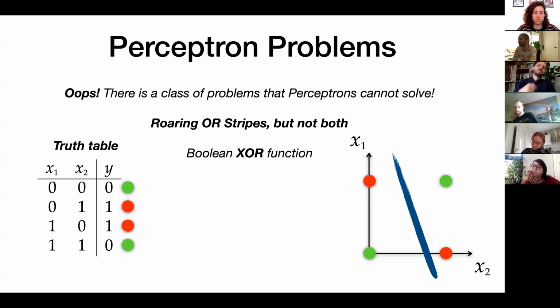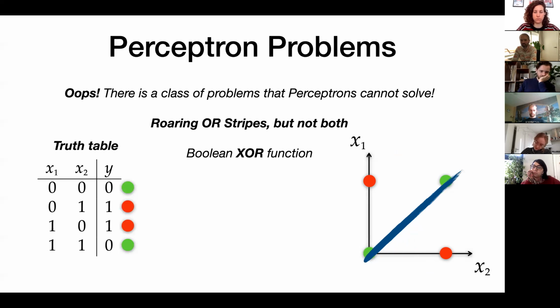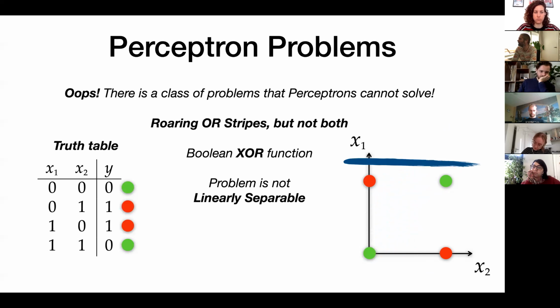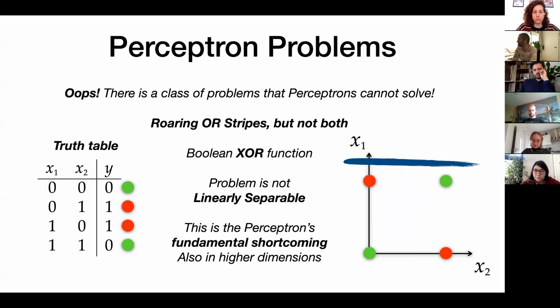I can only draw a line through these points, and how am I supposed to draw it, right? I'm at a loss. Specifically, the problem here is that in this situation, the problem is not linearly separable, right?